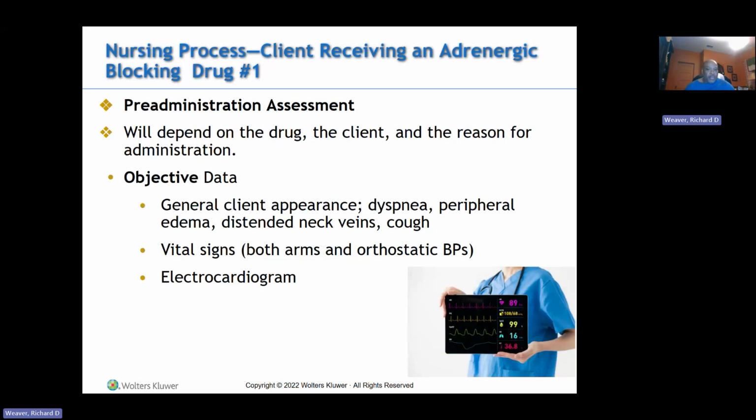But one of the things I did want to mention, where it talks about vital signs, both arms and orthostatic blood pressures. If y'all don't know this by now, sometimes a physician may want to know if a person is orthostatic, because let's say somebody's complaining of dizziness, well, it could be because the patient is orthostatic. And what that means is we take a blood pressure in both arms. Usually the patient is supine or lying down flat. Then we take the blood pressure, then we allow them to sit up.